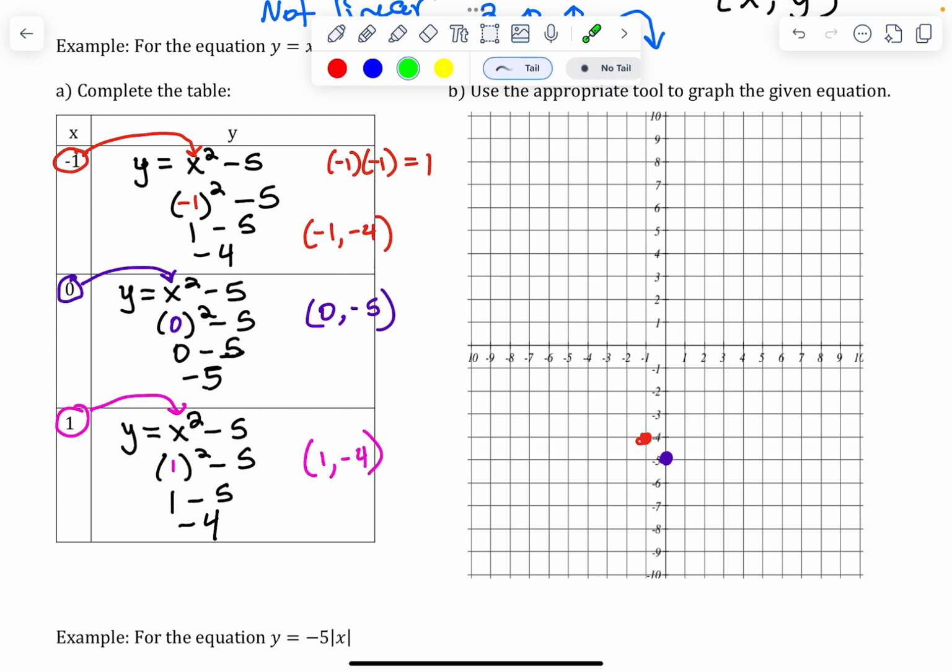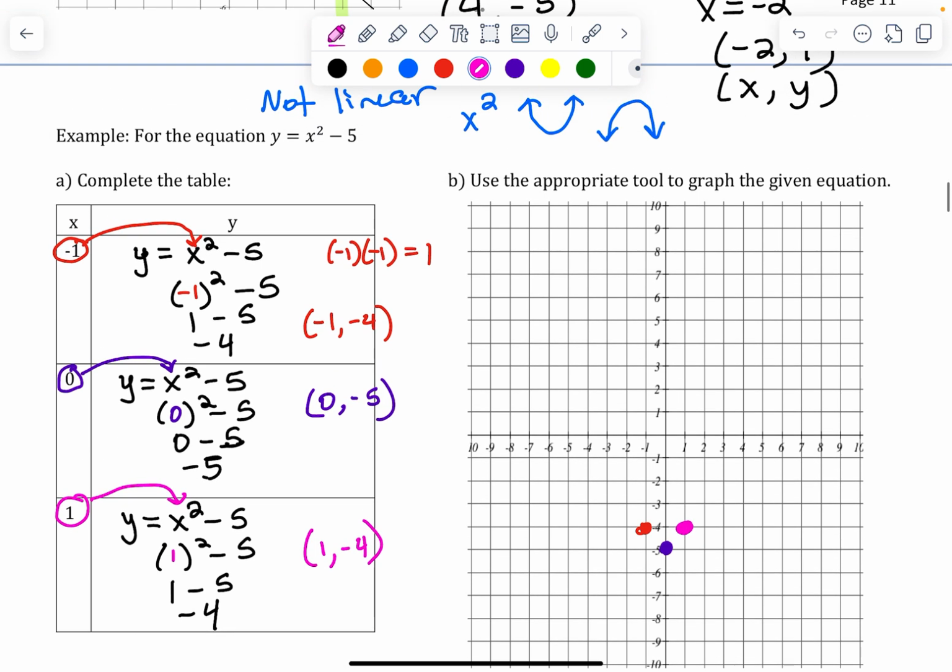We're going to go over to 1 on our x and down 1, 2, 3, 4. Since we know the general shape of this graph is going to be U-shaped, you can see that that's what's happening with our graph here. So we're going to connect those dots in a U shape.